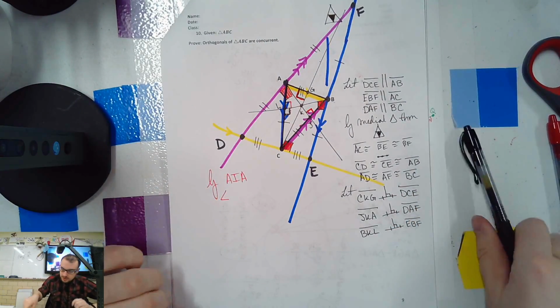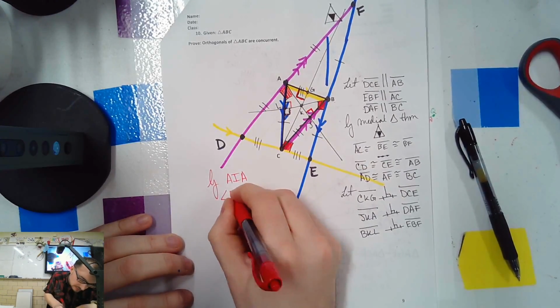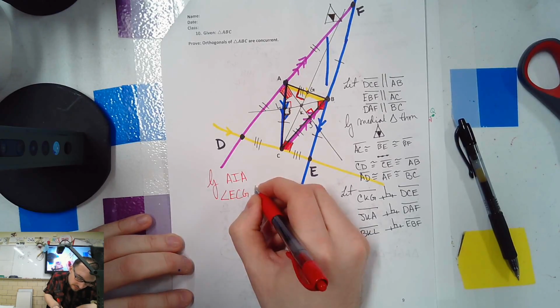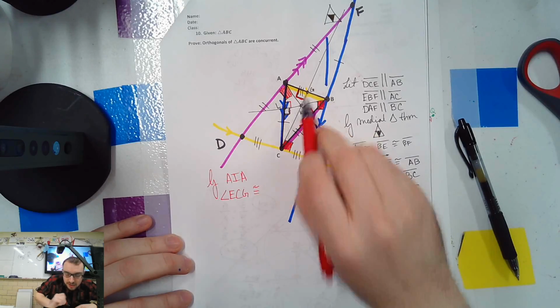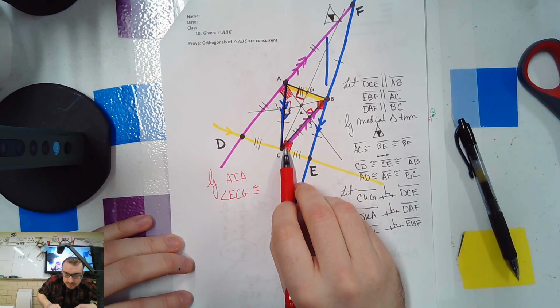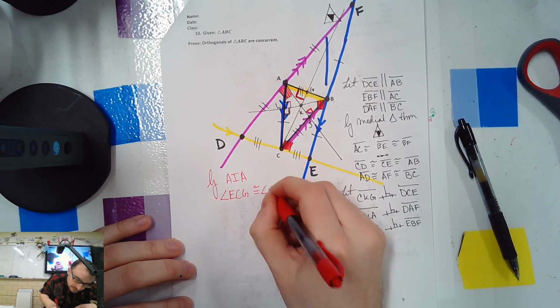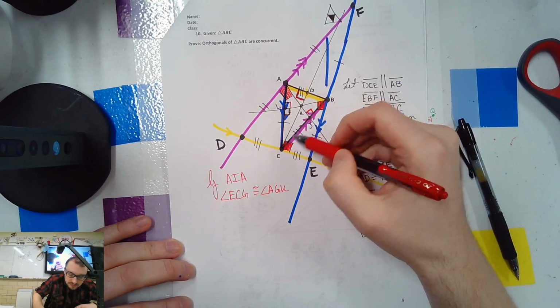All right, so looks like angle ECG is congruent. ECG went with what other angle? This angle went with what? Try again. AGK. Right, these two are alternate interior.